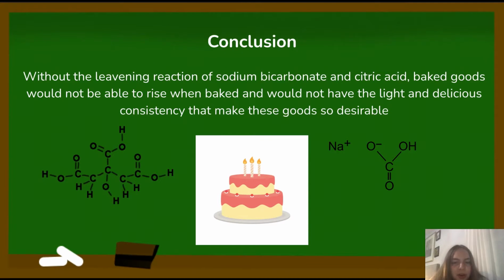So, overall, the use of sodium bicarbonate and citric acid is vital for our world as it allows for goods to rise with the release of CO2 gas and for products to have the iconic, fluffy, and light texture that is so lovable. Without the application of baked goods, our world would never be the same, and it shows why chemical reactions are so important to our lives, even if we don't notice them.